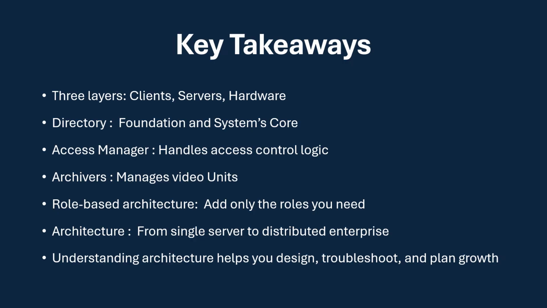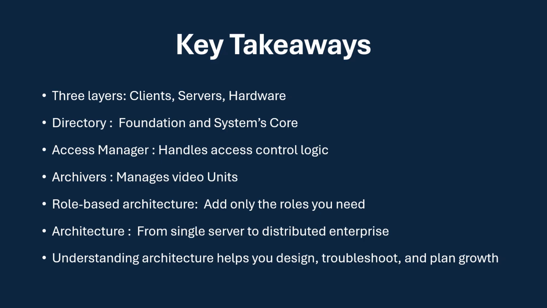All right, let's recap the critical points. First, we have seen that we have three layers in Genetec: client, server, and hardware. Directory is the foundation. Access Manager handles access control. Archivers handle video streaming.